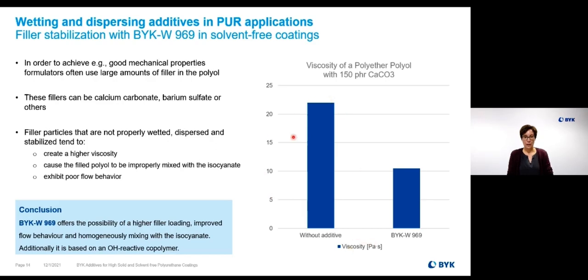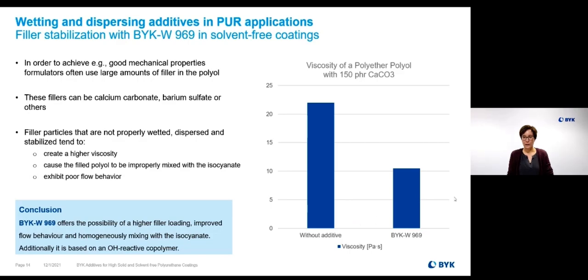Here, there was a calcium carbonate in the polyester polyol component without wetting and dispersing additive. It has a by far higher viscosity as compared to the concentrate with wetting and dispersing additive BUC W969. You see that the viscosity is less than half.